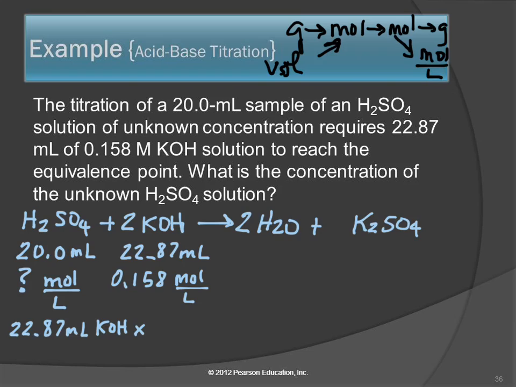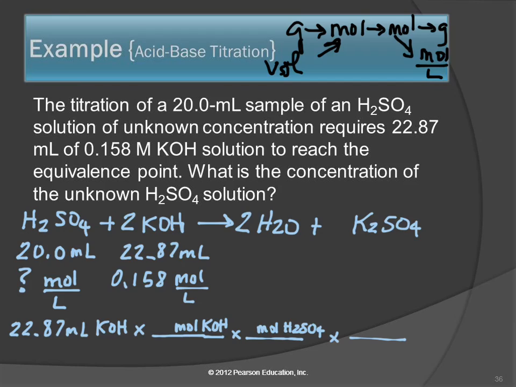And then our path said we're going to moles of KOH, and then to moles of the other thing, moles of H2SO4. And then we want to end up with moles per liter.